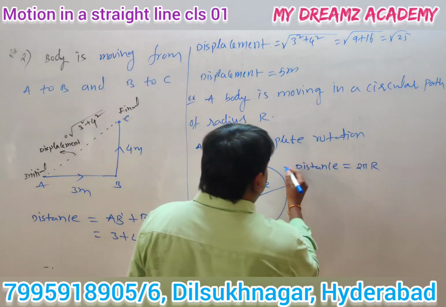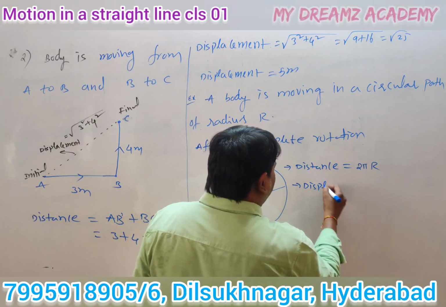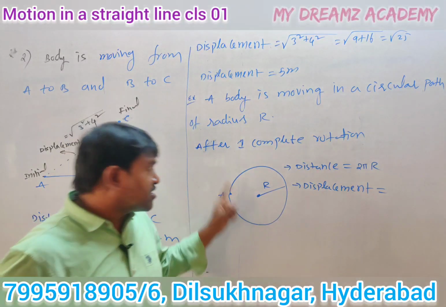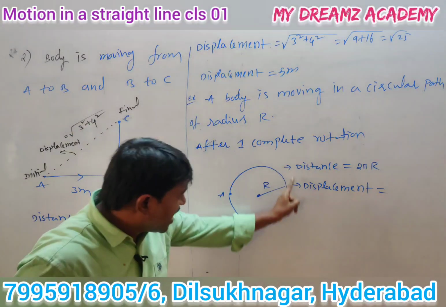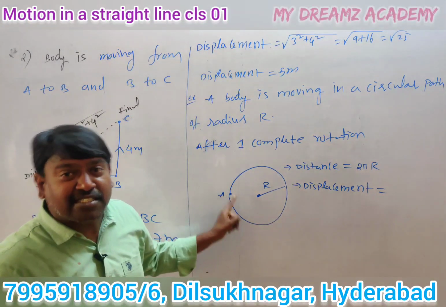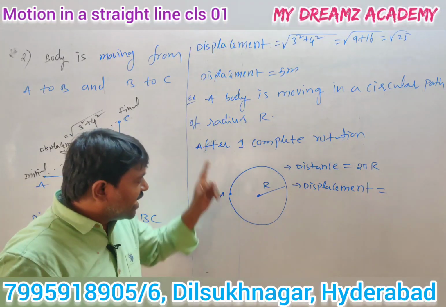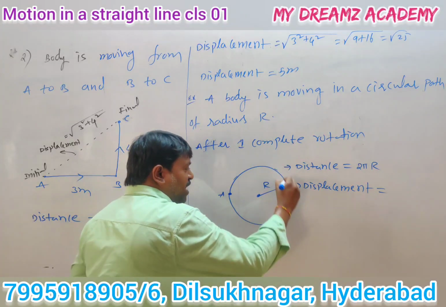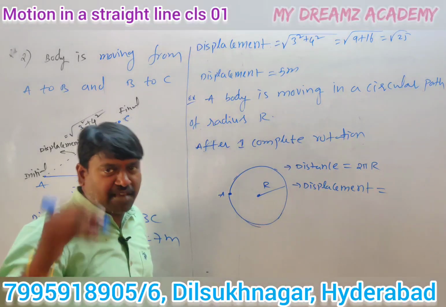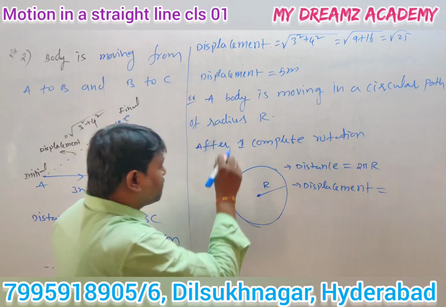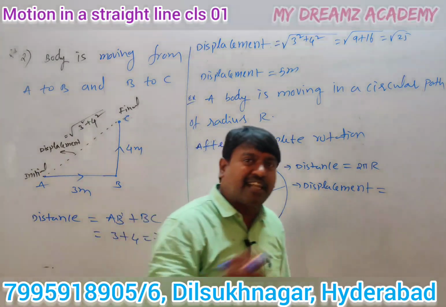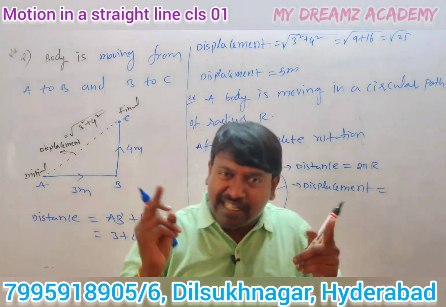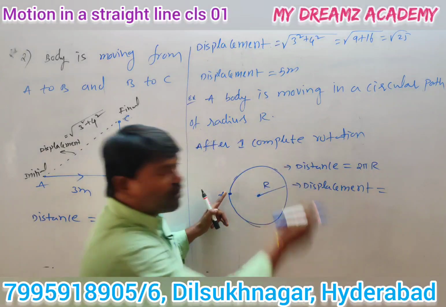Now what is the displacement? The displacement means the shortest distance between initial and final positions. Initially the body starts at point A, moves in a circular path, and finally reaches the same point A. In this case, the initial and final positions coincide. So there is no shortest path between them.